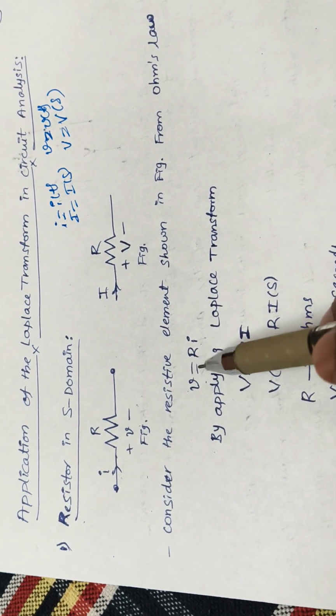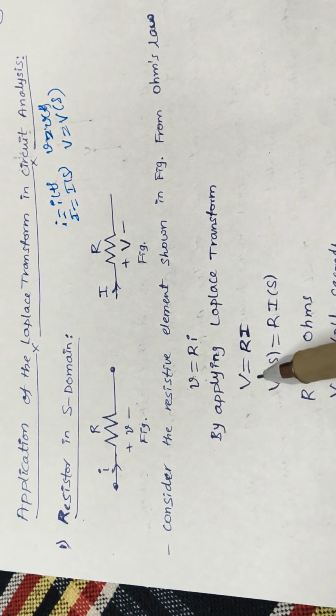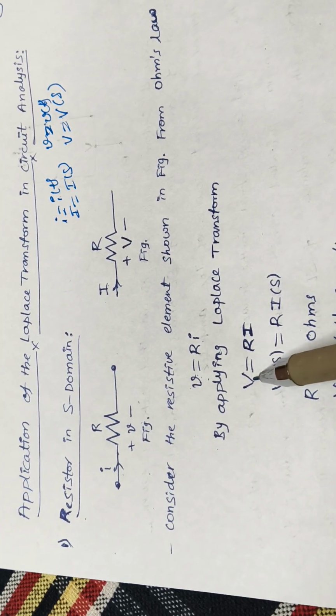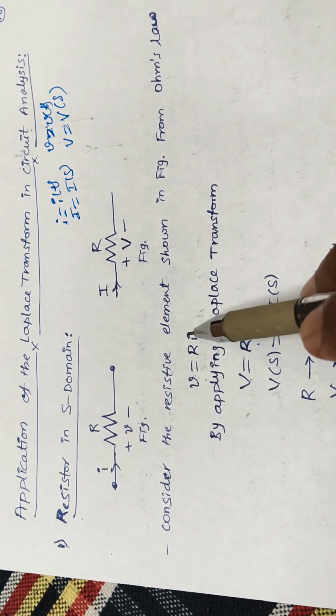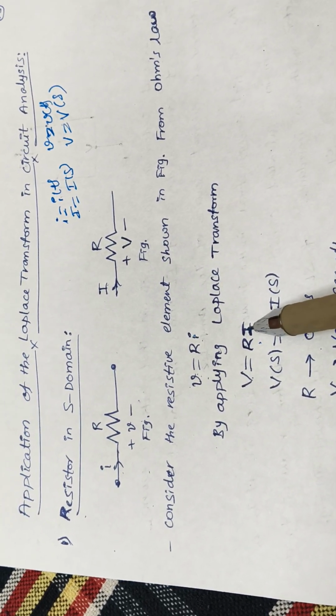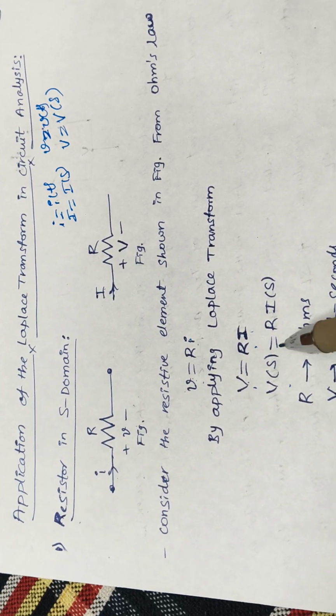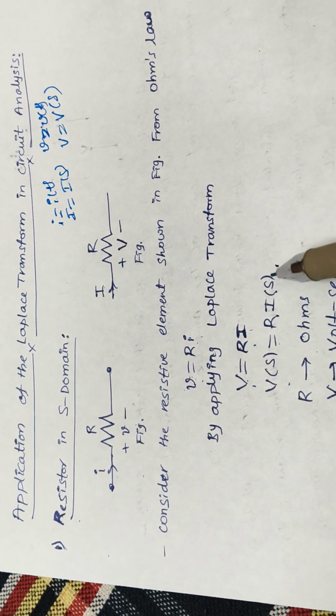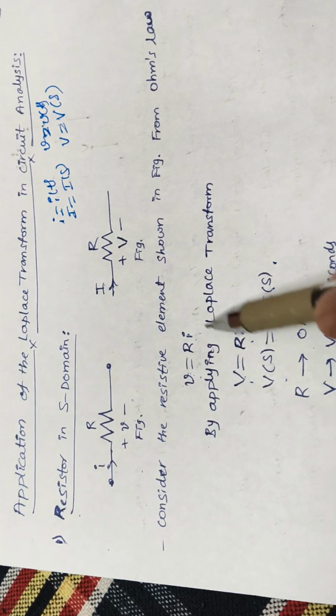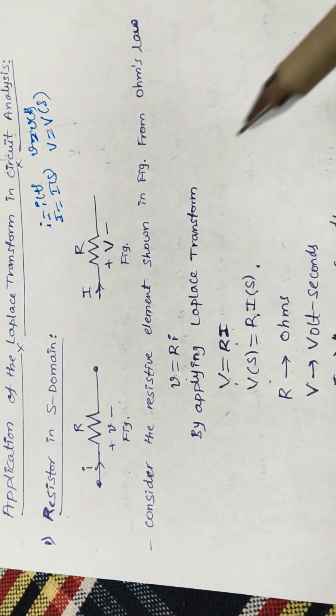By applying the Laplace transform, small v will become capital V and small i will become capital I, so I can write V of S is equal to R into I of S in the S domain.